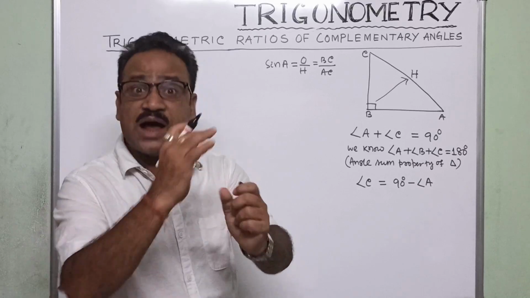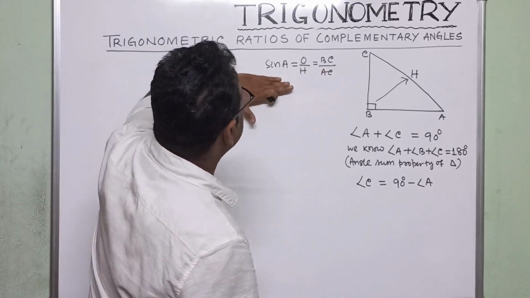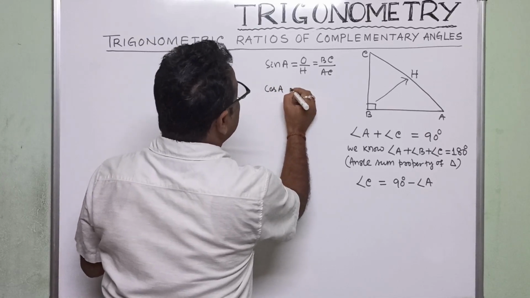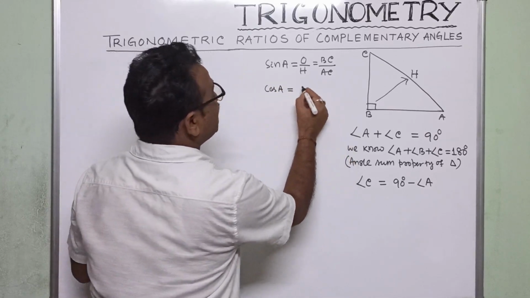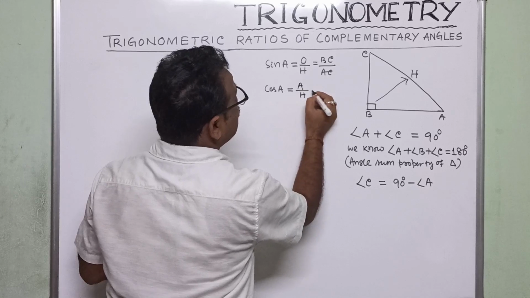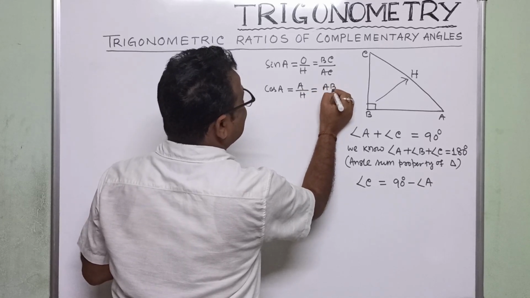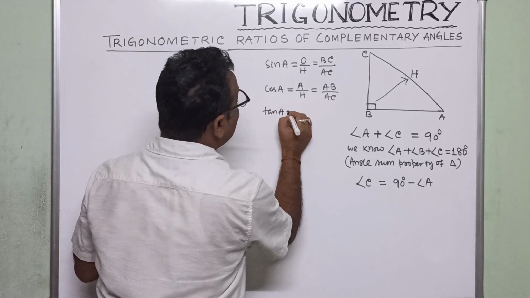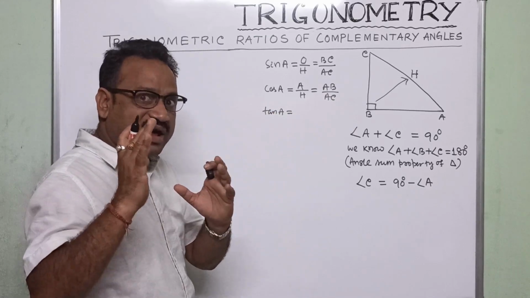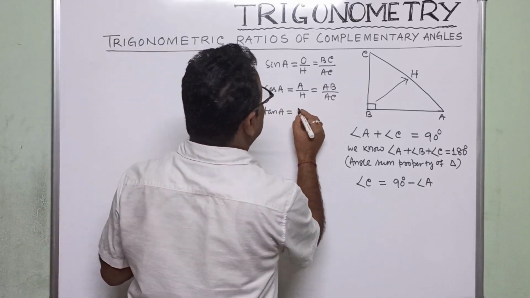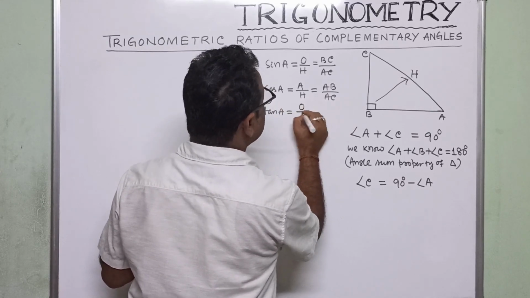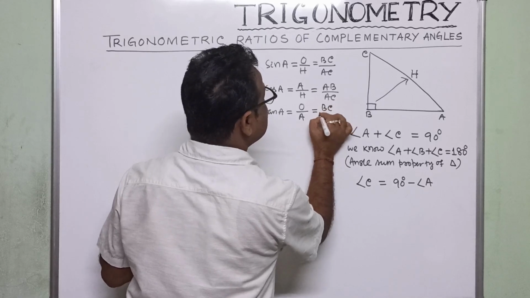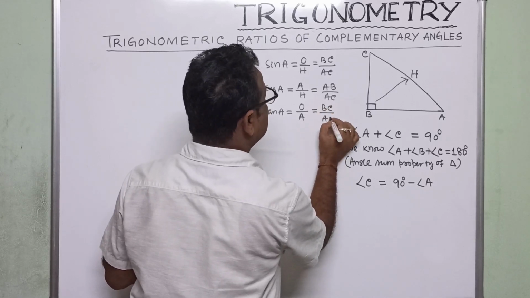So cos A is equal to adjacent by hypotenuse, which is AB by AC. Tan A is opposite by adjacent, which is BC by AB.